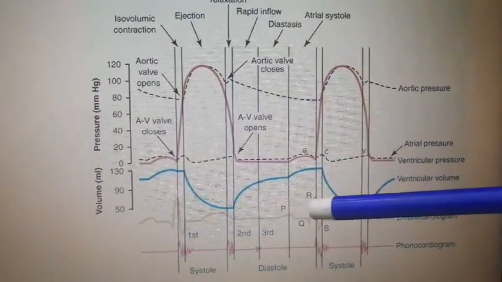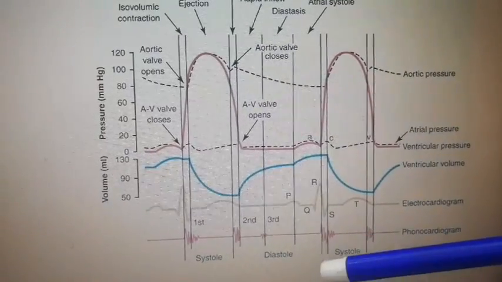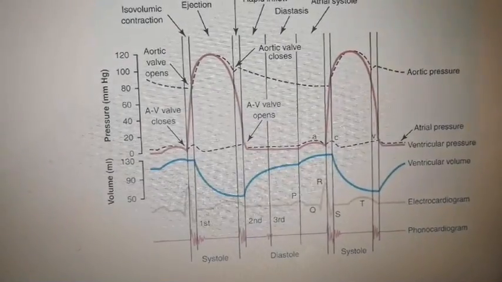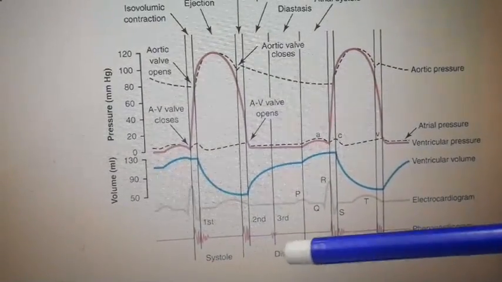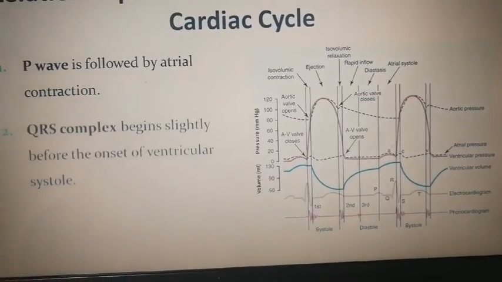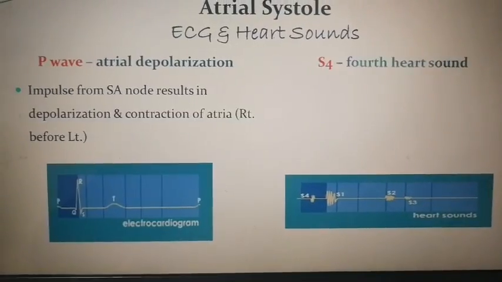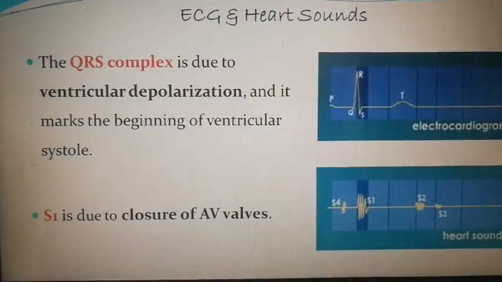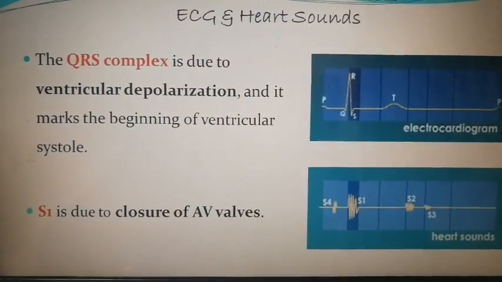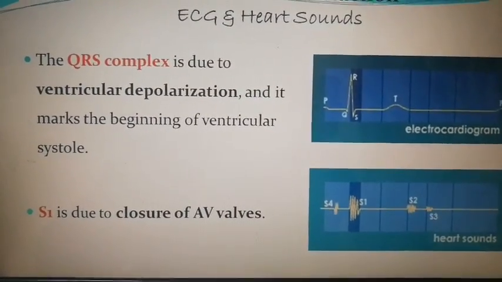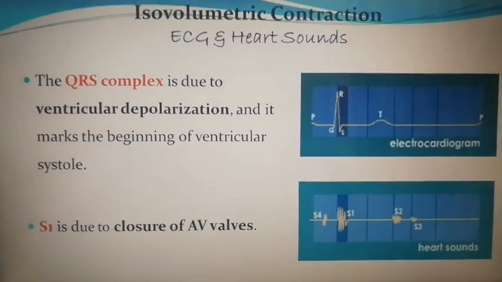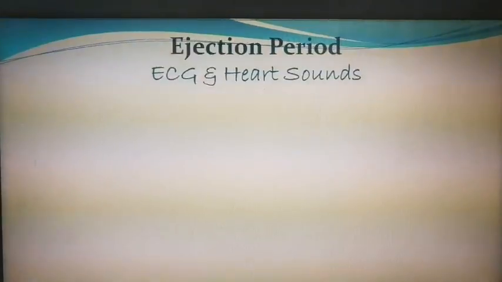This is the QRS complex, and this is your S1 heart sound. Okay. The S1 heart sound, QRS complex, and isovolumetric contraction. These are the three phases.